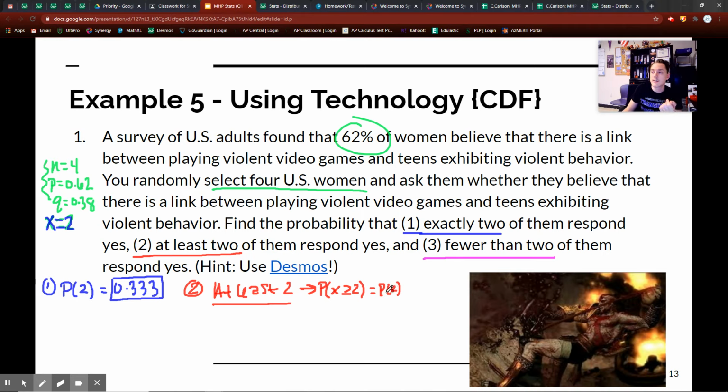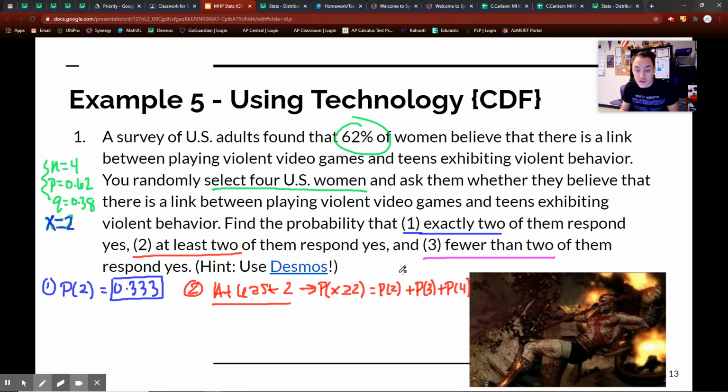Can you give me 6? Yes. Can you give me 10? Yes. Can you give me 11? Yes. Can you give me 100? Yes. Why? Because it's at least $5; the least you can do is $5. But $5 and above, which means it's at least 2. So that means I have probability of 2 plus probability of 3 plus probability of 4.